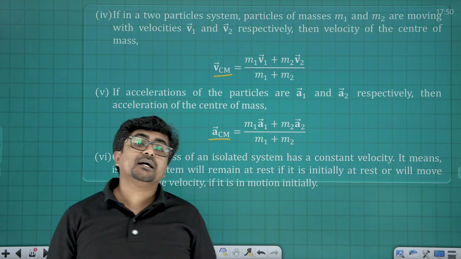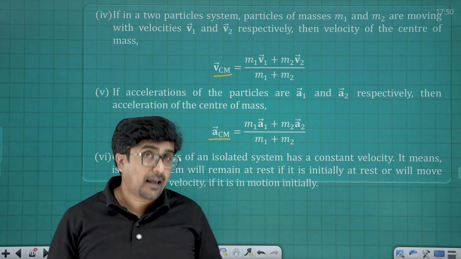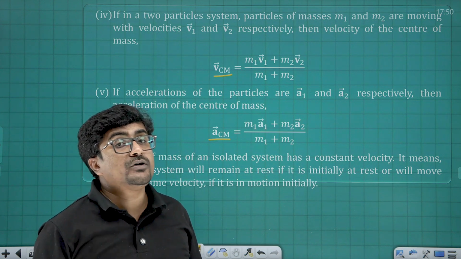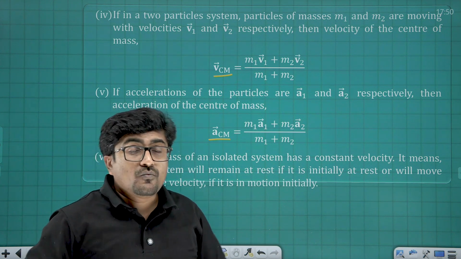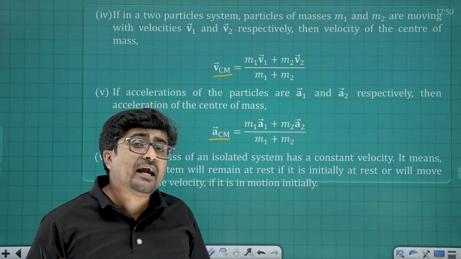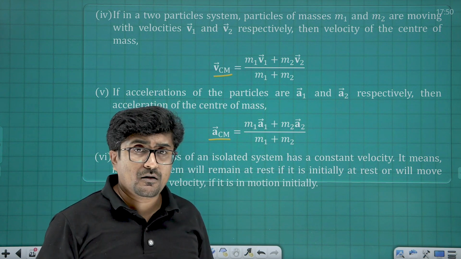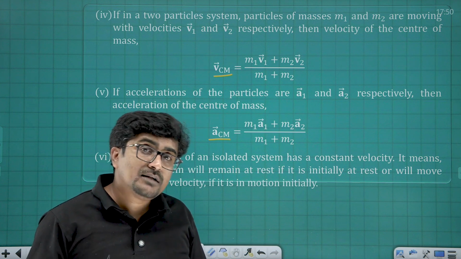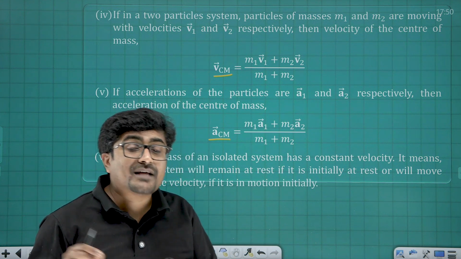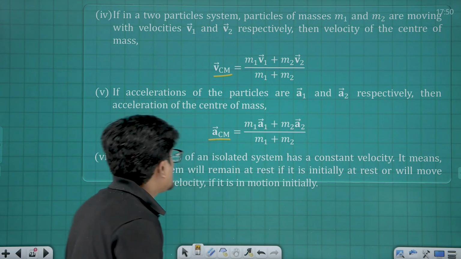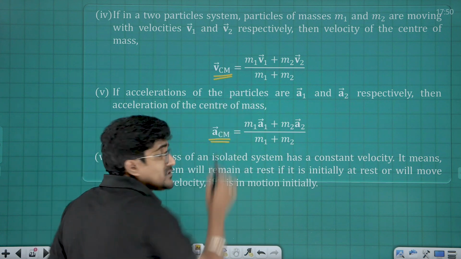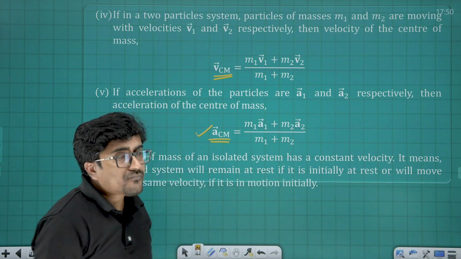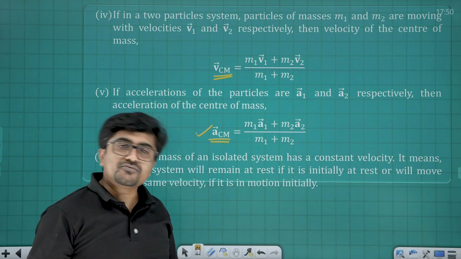So once we differentiate the expression for RCM, definitely we will get VCM equal to m1 v1 plus m2 v2 divided by m1 plus m2. And once we differentiate the expression of VCM with respect to time, then we will get ACM, that is equal to m1 a1 plus m2 a2 divided by m1 plus m2. So these are the two expressions here. This is for velocity of the center of mass, and this one is for acceleration of the center of mass.